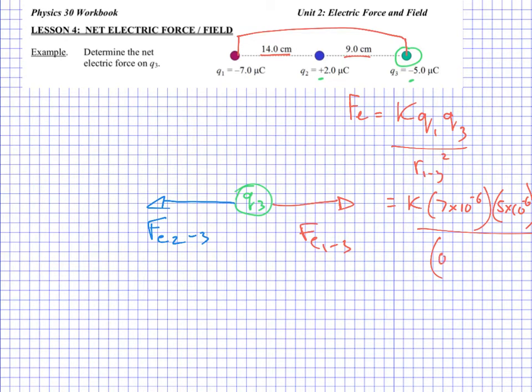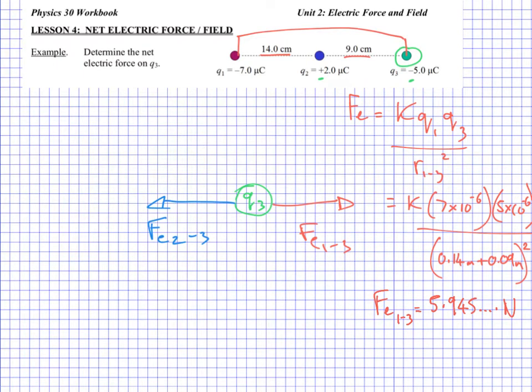So it's going to be 0.14 meters plus 0.09 meters, and this is all squared. We put that into our calculator and, for the force electric between 1 and 3, I get a value of 5.945, lots of values. I'm going to keep those in my calculator, newtons.